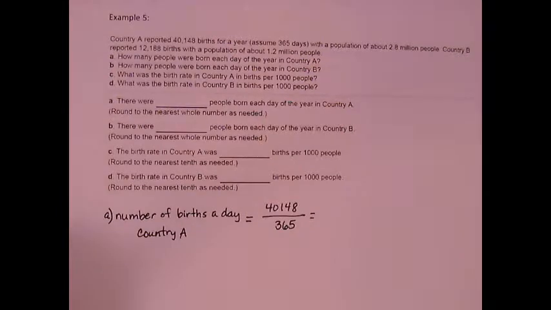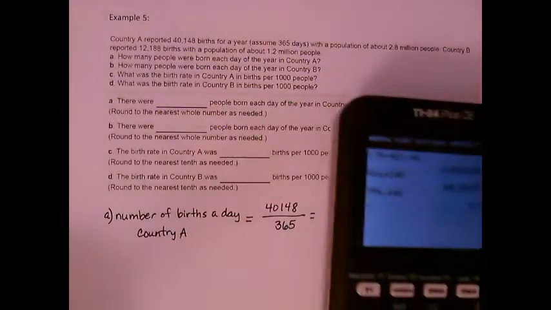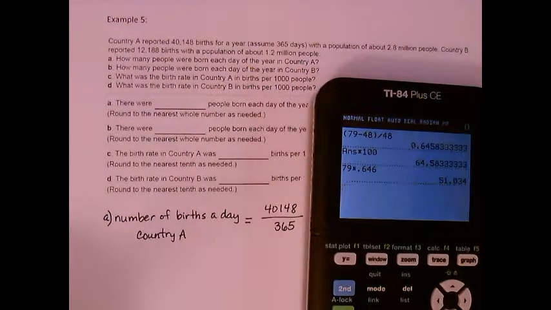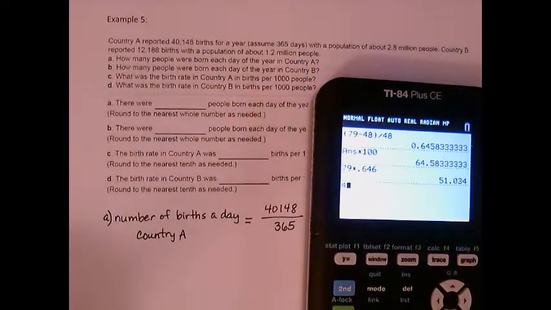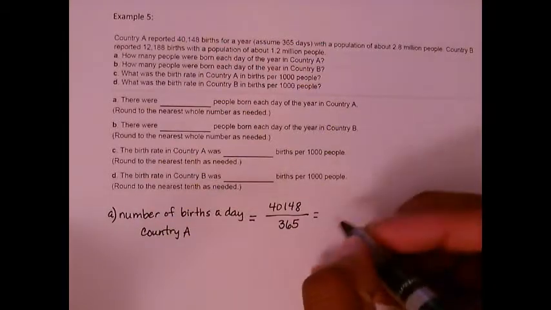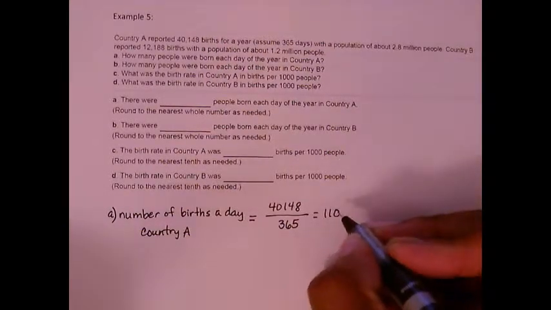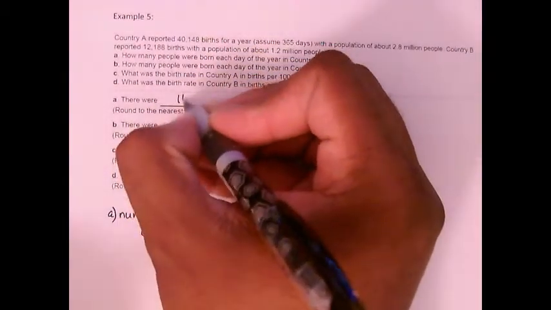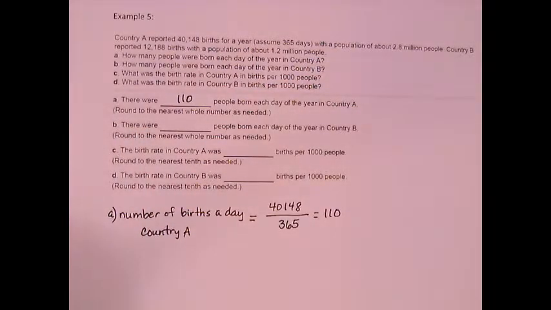So 40,148 divided by 365, and I'm going to round that to the nearest whole number. We get 109.9945, but to the nearest whole number, it will be 110. So the number of births a day in that country will be 110.